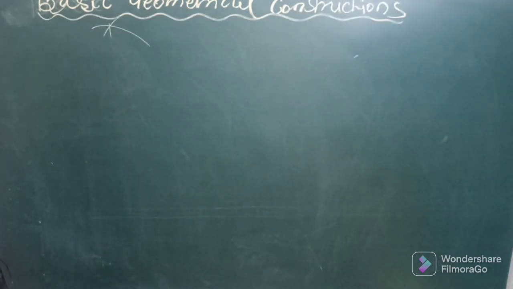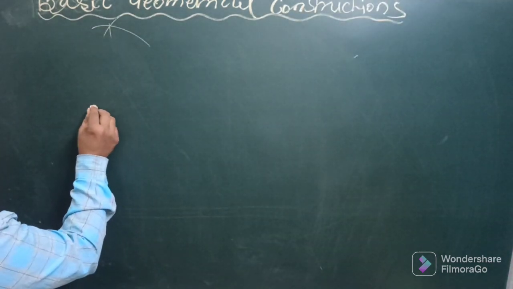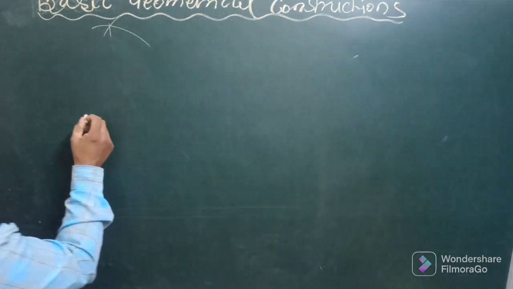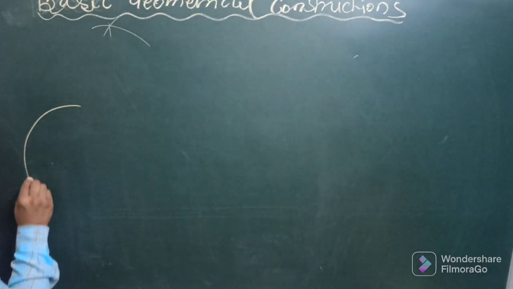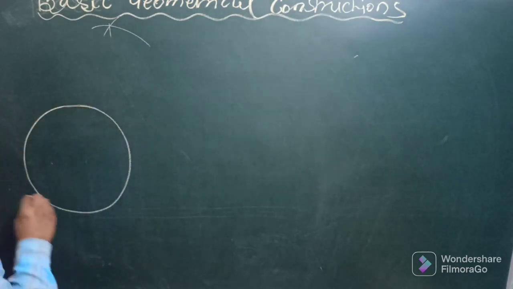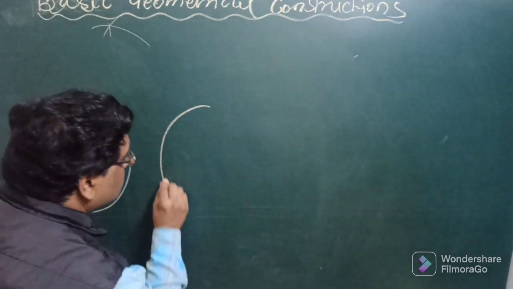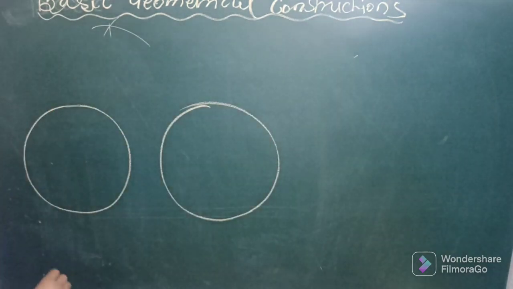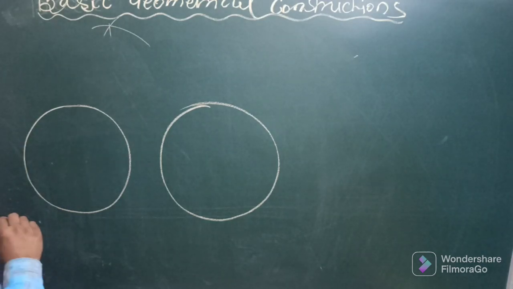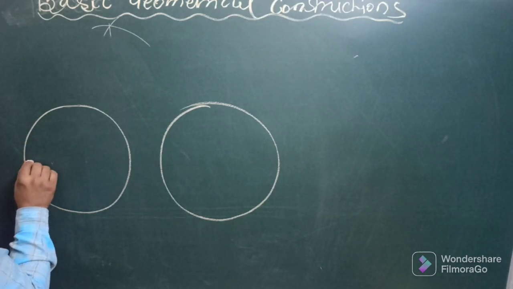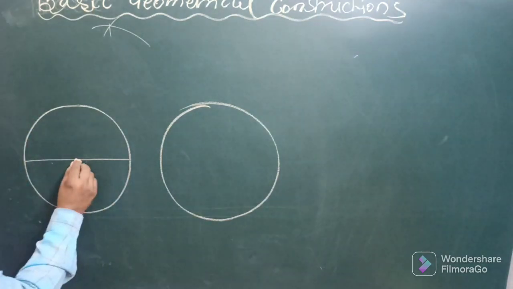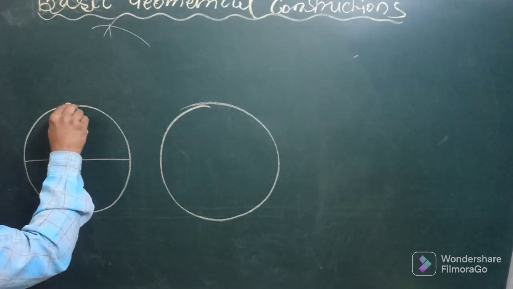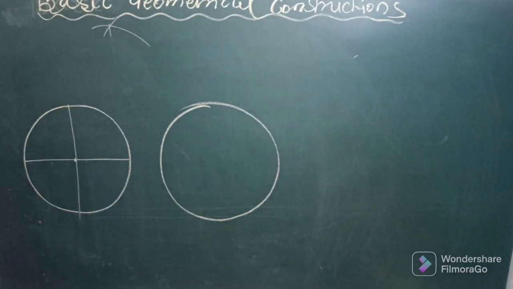Then we come to a circle which has to be divided into 8 or 10 equal parts. So this is the circle, say for example, and this is another circle. This circle you want to divide into 8 divisions. So what you do, with the mini drafter you can draw a horizontal line passing through the center of the circle, and one vertical line can be drawn like this.